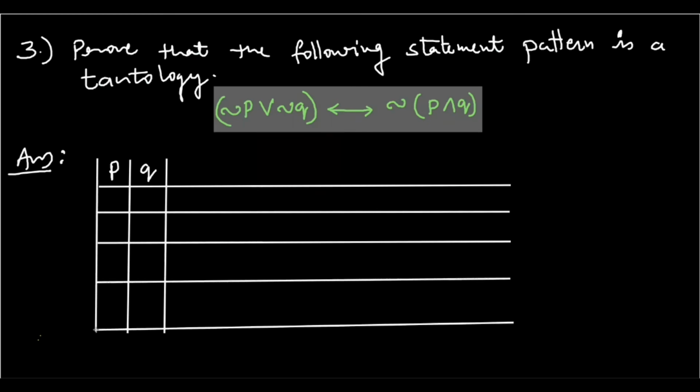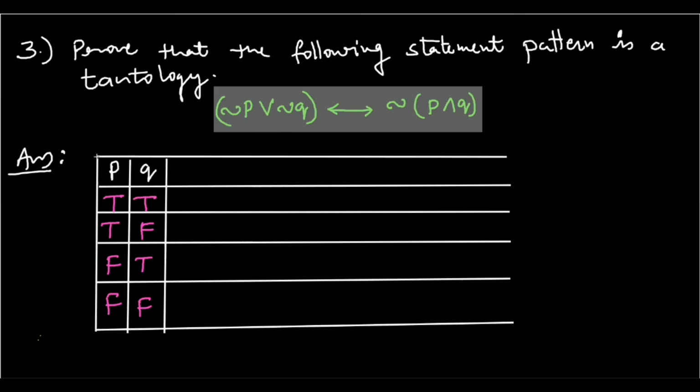Okay, and what will be the entry under these? It will be T, T, F, F under P, and T, F, T, F under Q. Okay, this is the header.